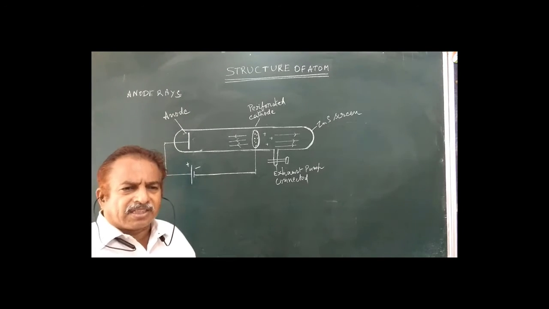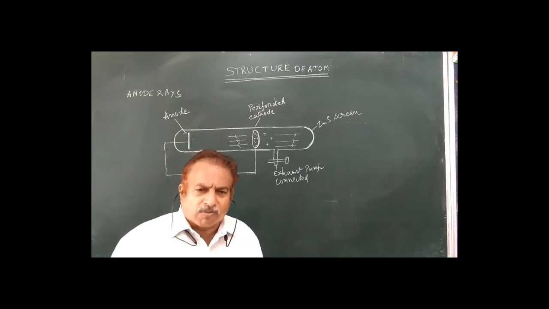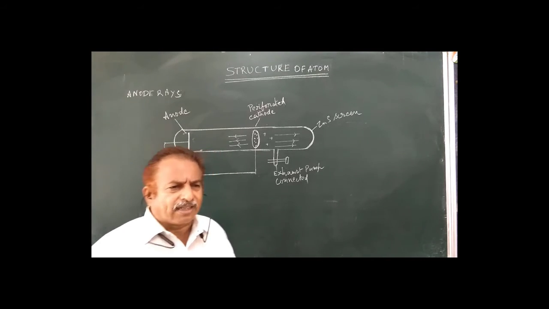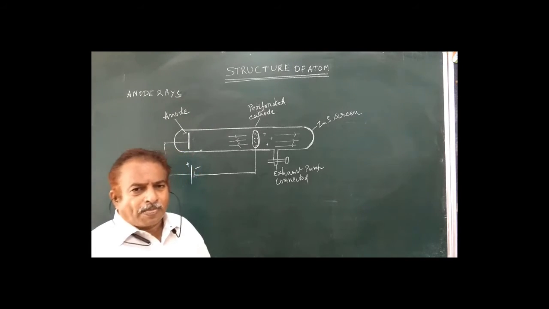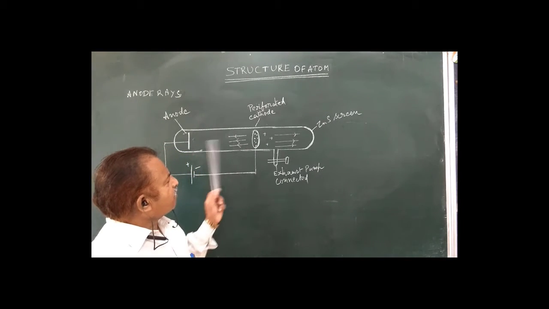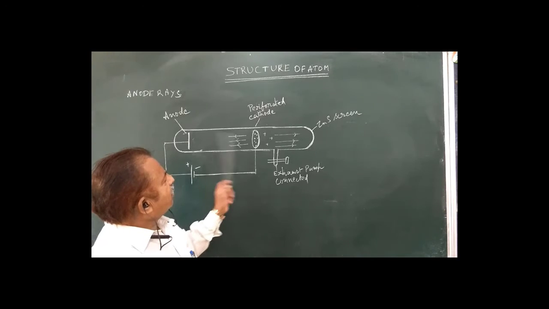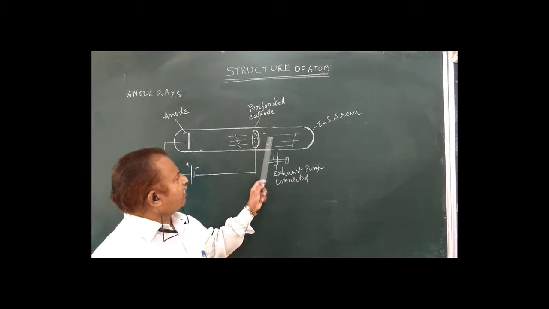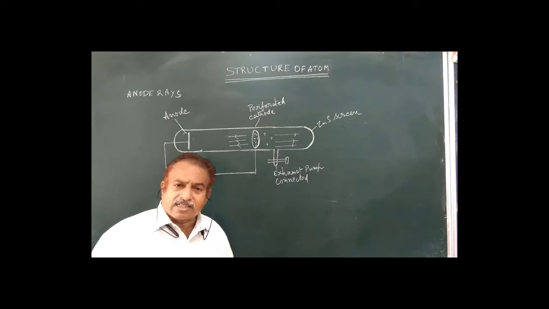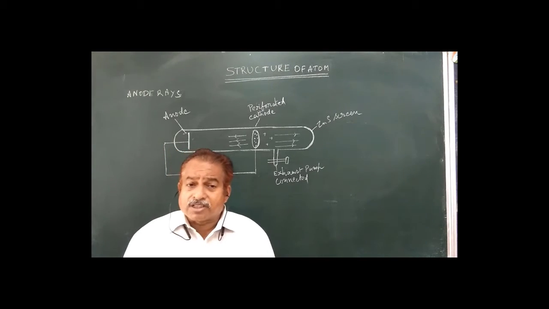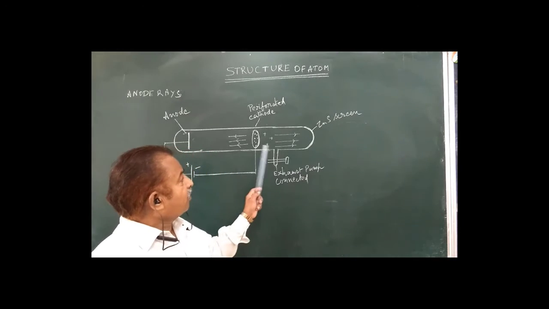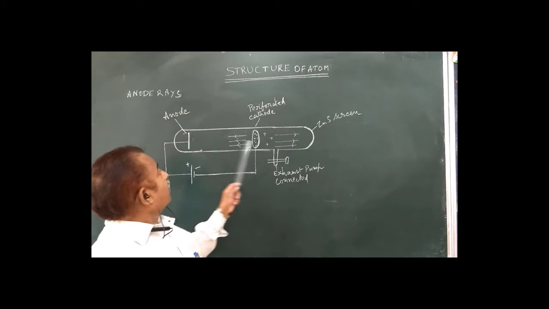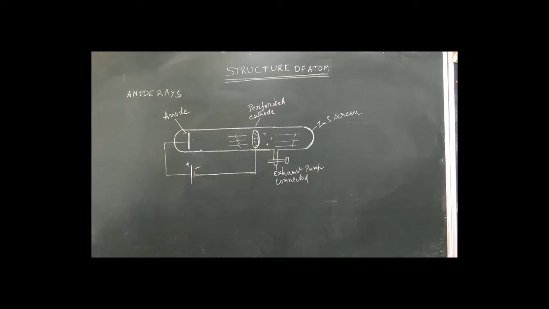Now, when every gas particle, that is atom or molecule, loses an electron, the leftover particle has a positive charge. All these positively charged particles are attracted towards the cathode, and they penetrate through the holes. Hence positively charged rays, that is, anode rays or canal rays, are produced and they travel towards the cathode from the anode.